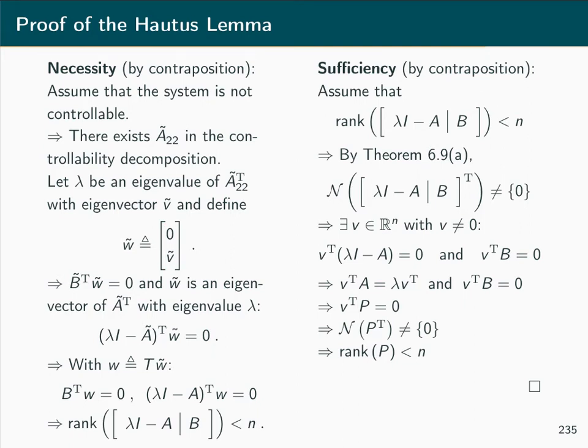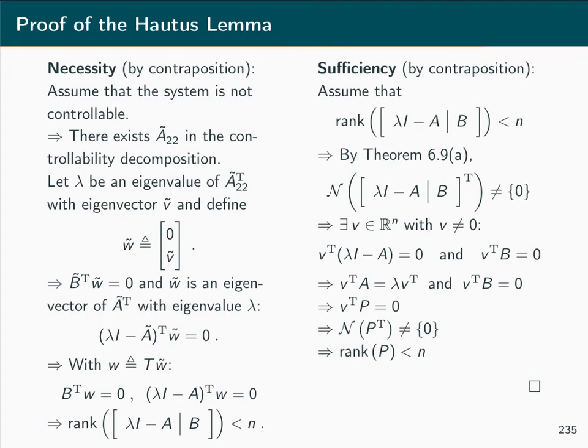By the fact that the lower part of B tilde 2 is equal to 0, as we have seen before, it follows that B tilde transpose times w tilde is equal to 0. And similarly, by the fact that A tilde 2 1 is equal to 0, as we have seen before, it follows that w tilde is an eigenvector of A tilde transpose with corresponding eigenvalue lambda, meaning that lambda I minus A tilde transpose times w tilde is equal to 0.